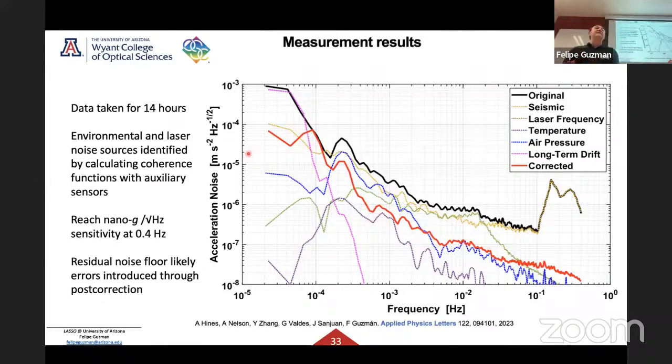And this is a very busy plot, so let me tell you briefly what this is about. The black trace here is the measurement straight out of our sensor. So when we measure, let's say, overnight acceleration with our sensor, this is what we get here. And at first, we were scratching our heads because we didn't understand what was going on.